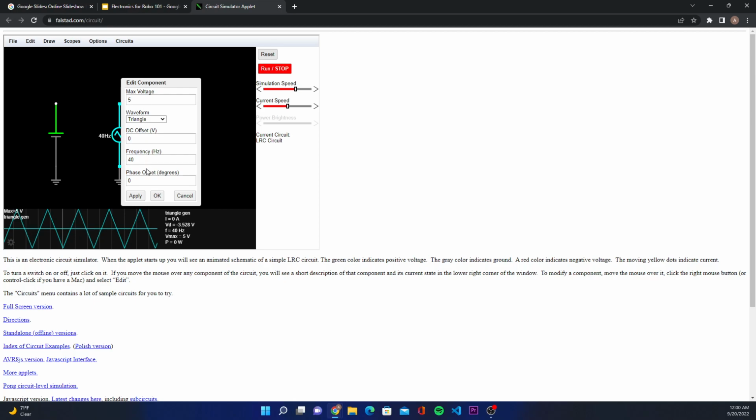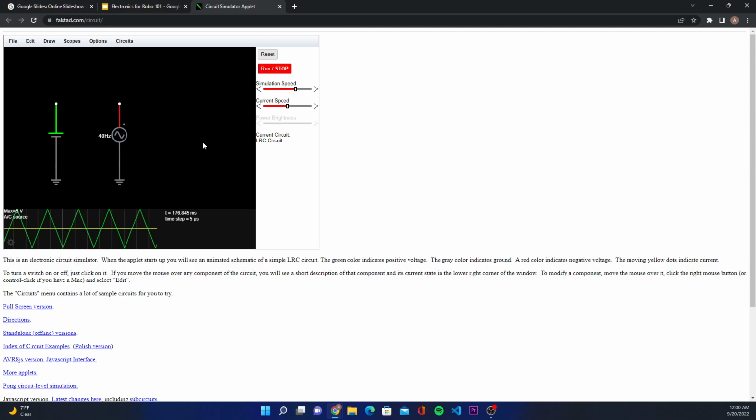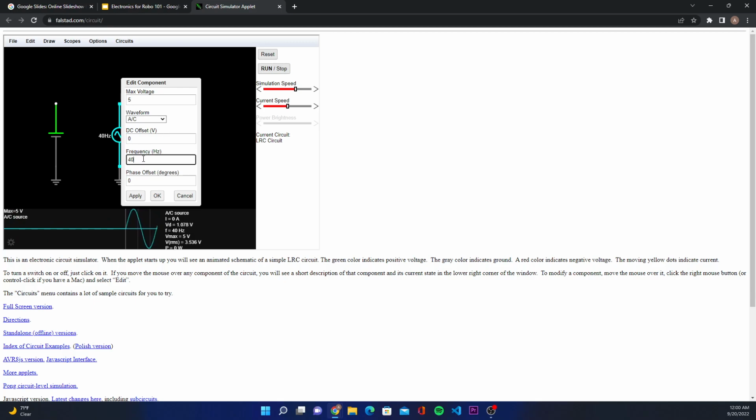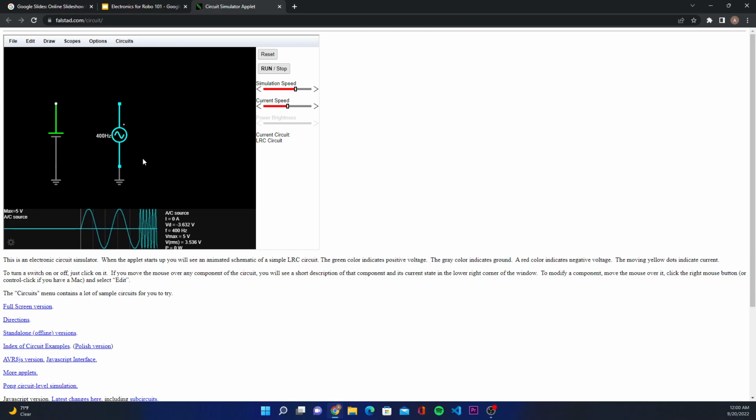They also act at frequencies. So let's see what happens. I'm going to change this back to AC and then reset this. So let's see what happens when I change the frequency. Let's make it 400. Nice. The frequency increased, and that means that the speed at which it oscillates between high and low is increasing, and we can use that to do some pretty cool stuff.